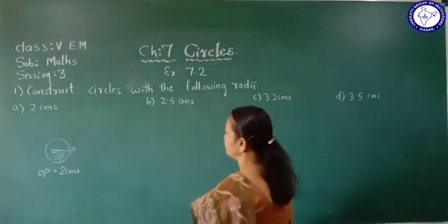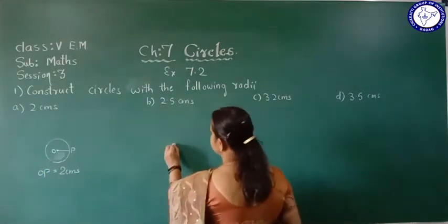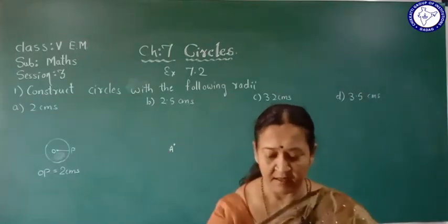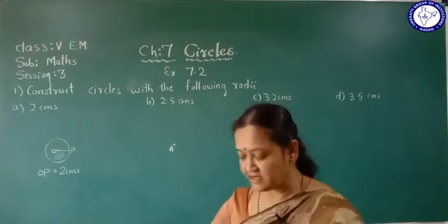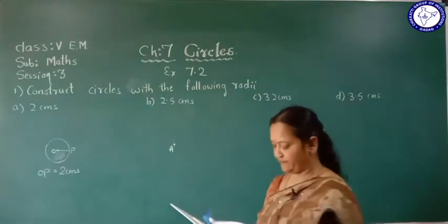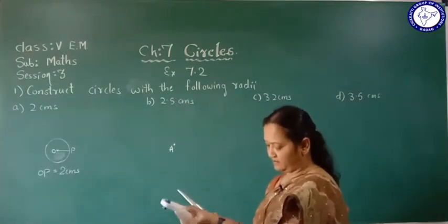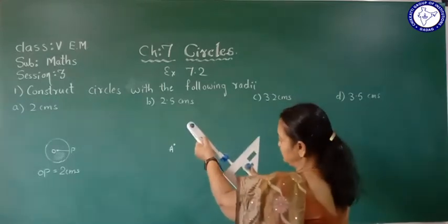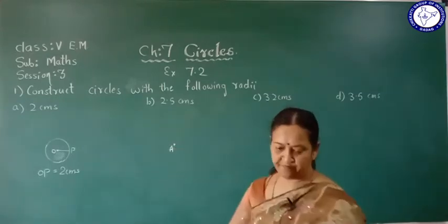Okay, then let me mark the center here A. Then the measurement is 2.5. So this is 2.5.